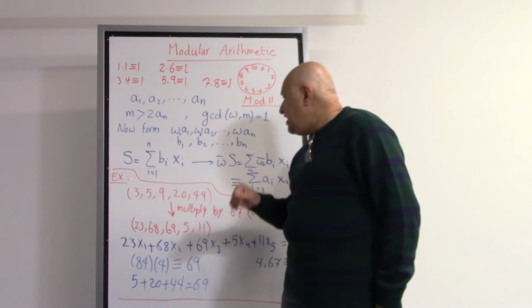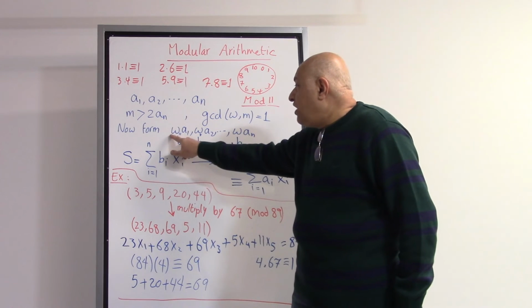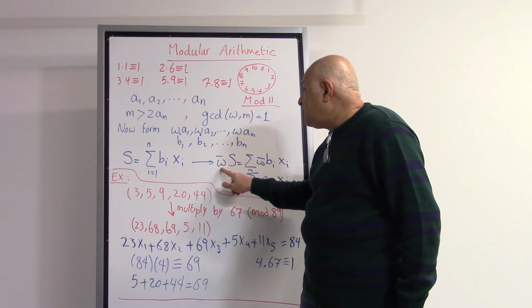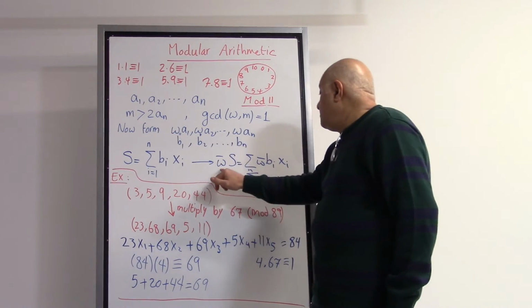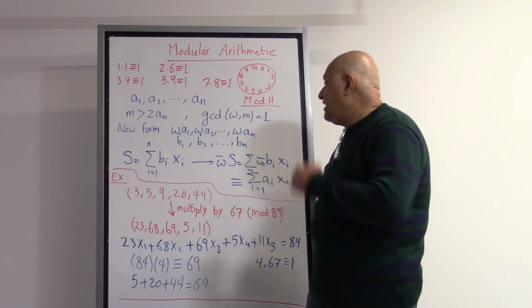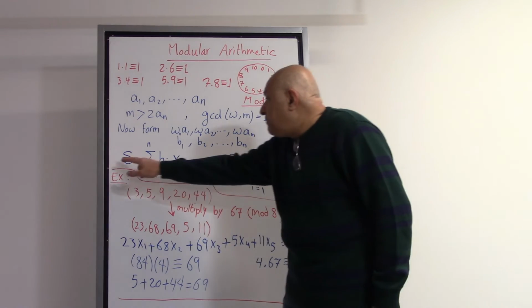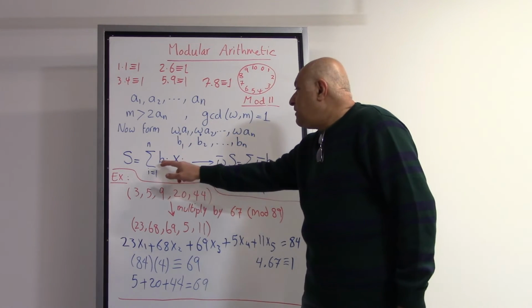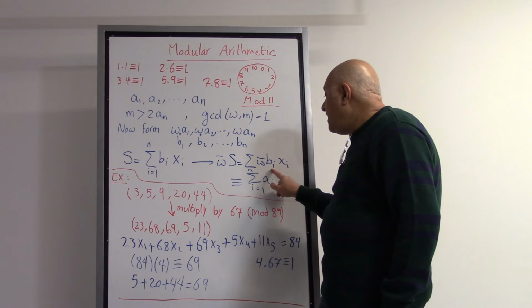The key is, you remember that W, and that W must have some multiplicative inverse. We call it W bar, so that when you multiply W by W bar, the result is 1. If you multiply W bar by both sides, you get W bar S, and W bar is multiplied by each one of these Bi's.